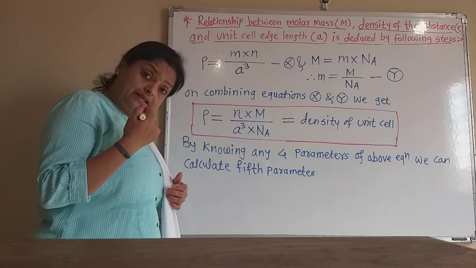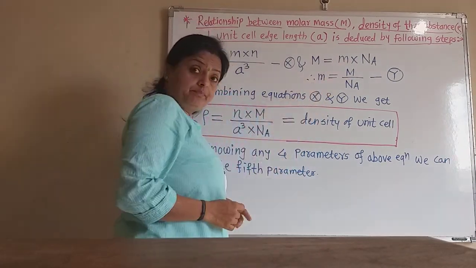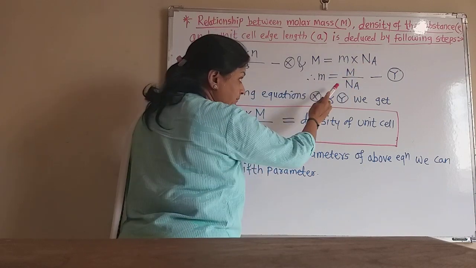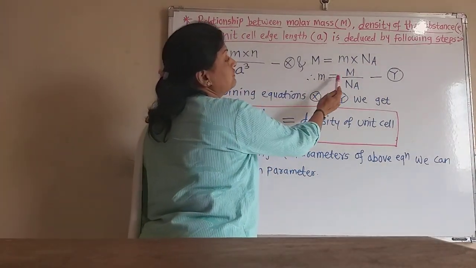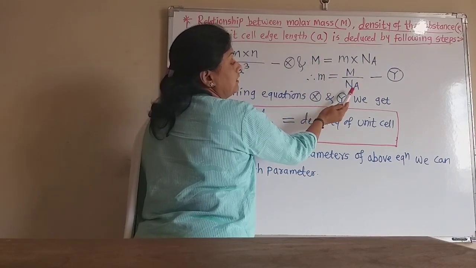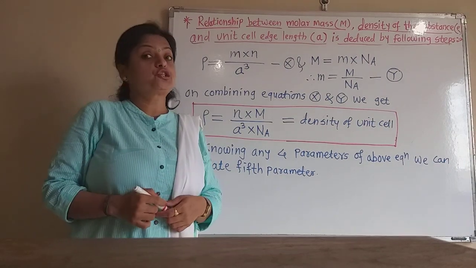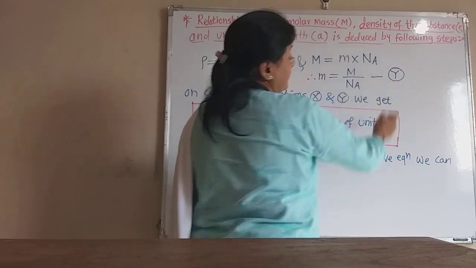So if we have to calculate the mass of one particle, then it is molar mass divided by Avogadro number. So mass of one particle is equal to molar mass divided by Avogadro's number, that is 6.022 into 10 raised to 23. Suppose it is equation y.